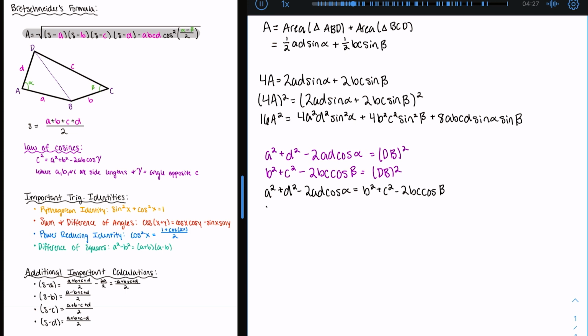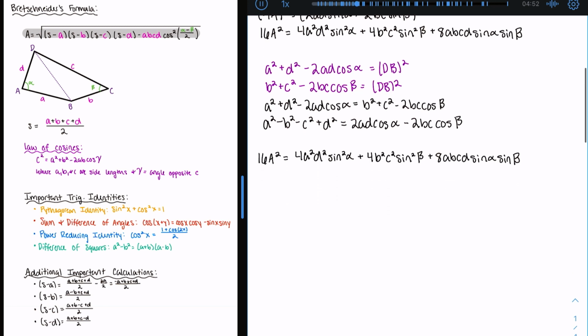And then if we move some things around, we get a squared minus b squared minus c squared plus d squared is equal to 2AD cosine of alpha minus 2BC cosine of beta. Okay, so now we are going to bring our 16a squared down here, and we are going to add and subtract the identity that we just found, but we are going to square each of them.